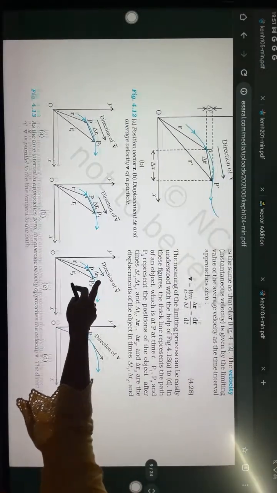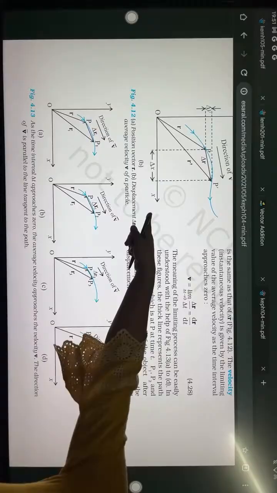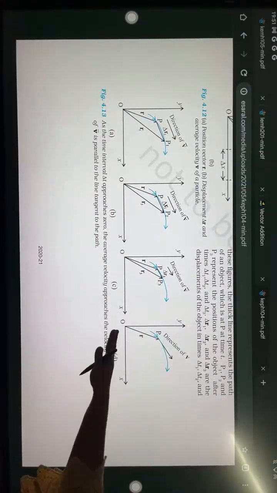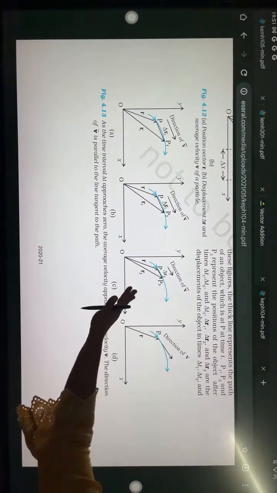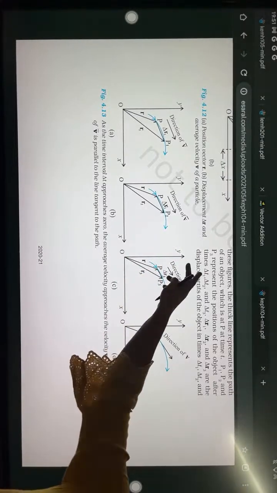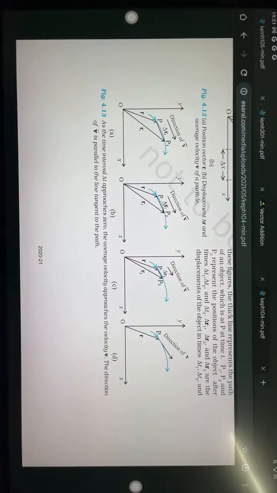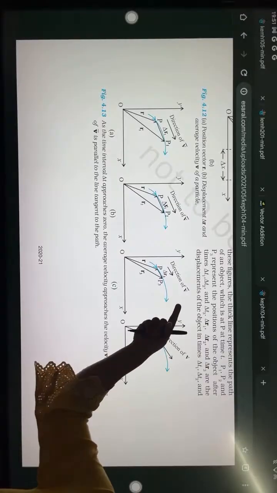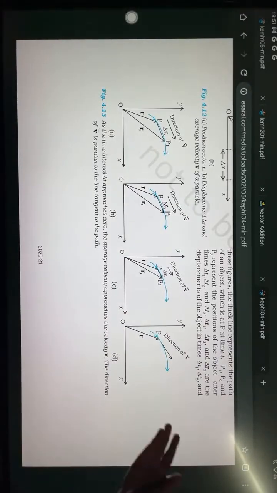Initially they didn't include any time period; here they have included a time period in it. It is not shown here, but they said P1 is the position at time delta T1, P2 is the position at time delta T2, P3 is at delta T3, and so on.